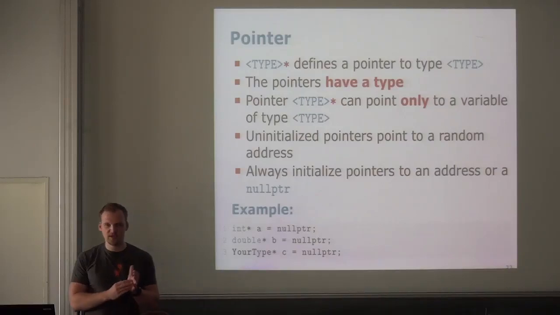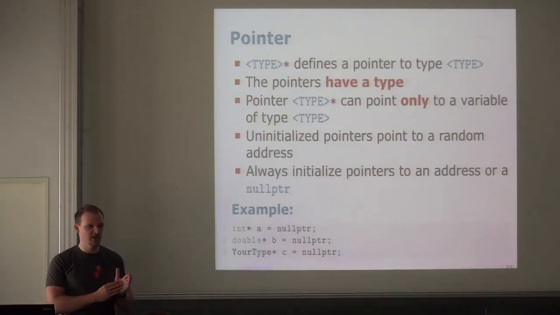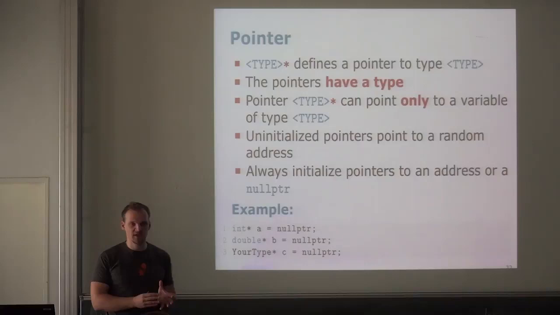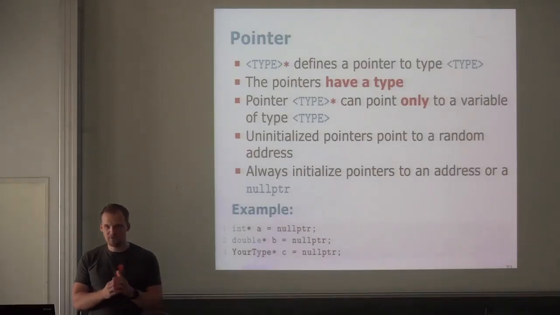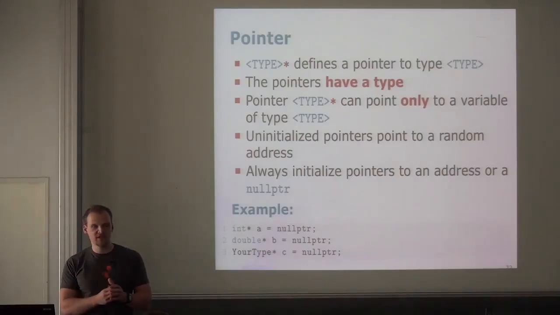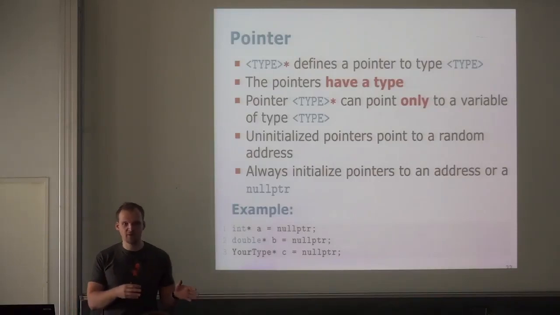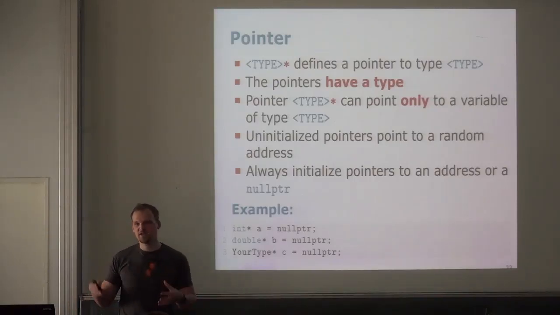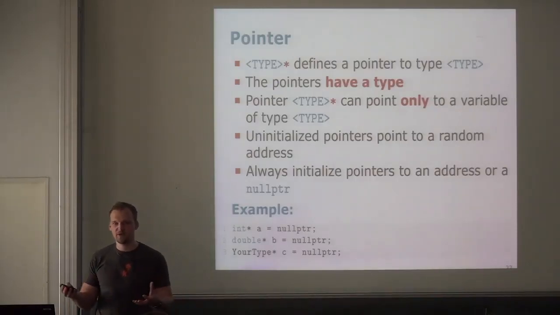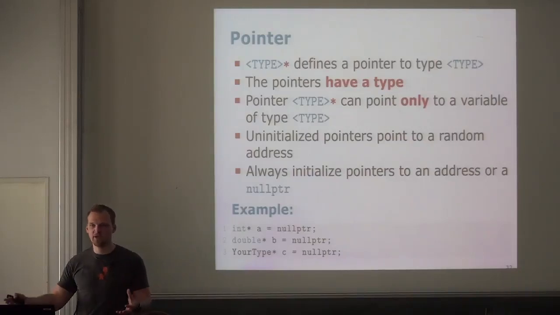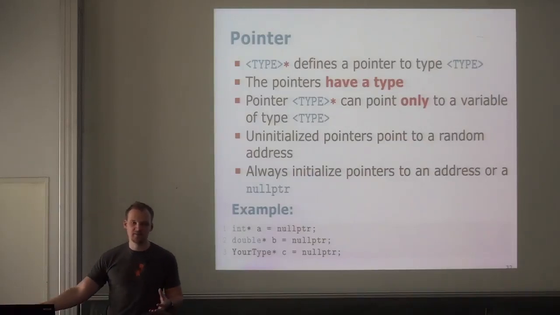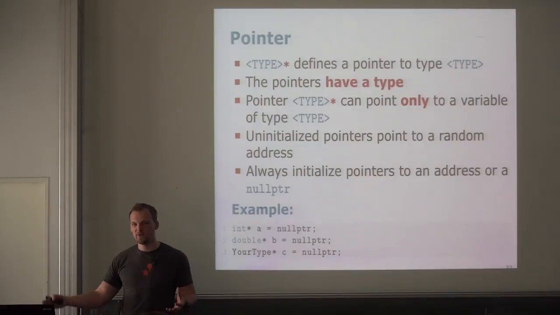So try to remember always to initialize a pointer, because the problem is that if you don't initialize it, it's just another variable of type pointer. It will get initialized more or less to a random byte in your memory, and there will be something lying in that byte. You don't know what, but there will be something.